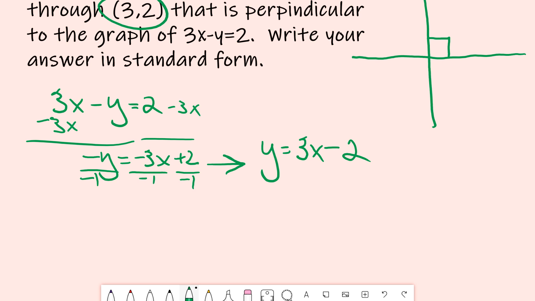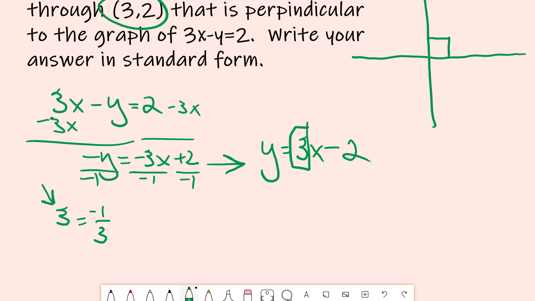Well, if the slope is 3 in this equation that we rearranged, then the slope perpendicular to 3 would equal 1 over 3, but one of them has to be negative. Since this is positive 3 to start, these are the same 3's, then this has to be negative. So the slope I'm looking for is negative 1/3.